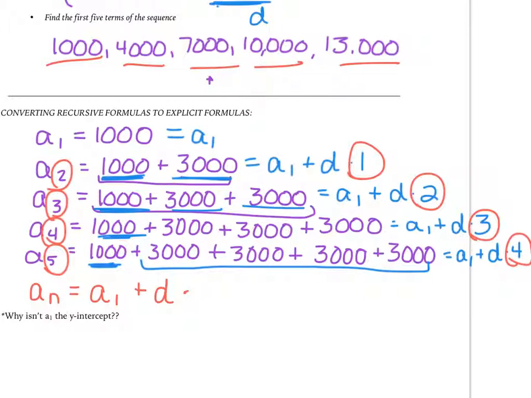So if I'm looking for term 5, okay, I'm going to multiply by 4. If I'm looking for term 3, I'm going to multiply by 2. If I'm looking for term 100, I'm going to multiply by 99. And the way we show that is we say times the term value or term number minus 1. Now that's not a subscript like you're used to. That's just n minus 1. Okay?